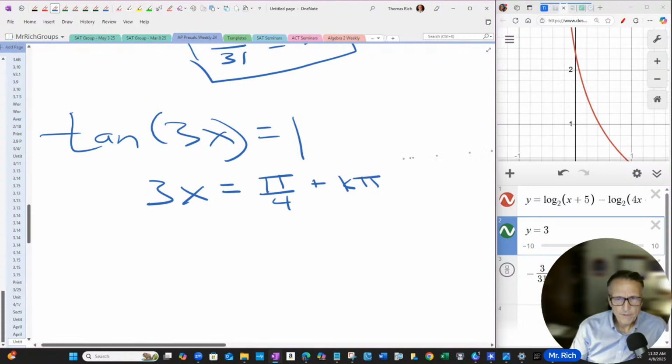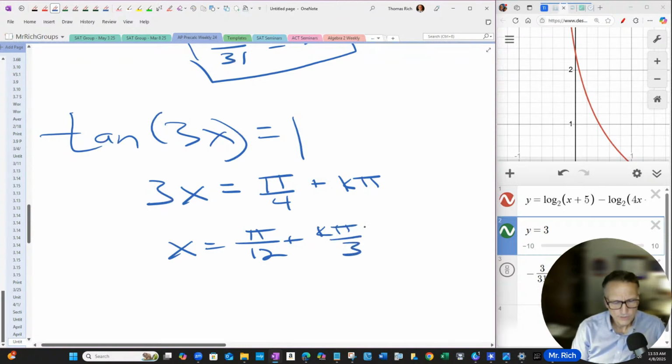Because every pi radians, there's going to be another solution for this angle when the tangent of that angle is equal to the number 1. But then our last step here is we are going to divide by 3. And so it's going to be pi over 12 plus k times pi over 3. That would give us all of the solutions to that particular equation.